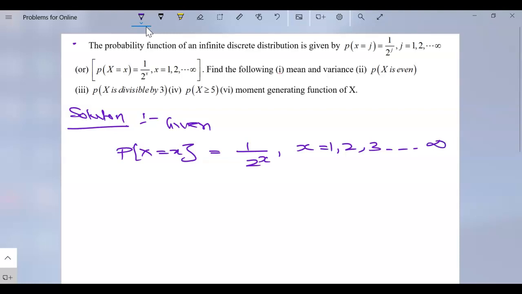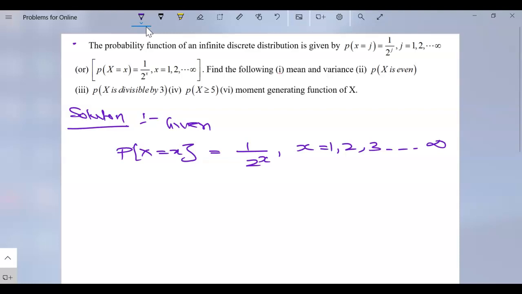First of all, is it discrete or continuous? Don't think that for continuous there are infinite values and for discrete there will be finite. In the previous two problems we assumed all the values had n values, but here it is going until infinity.